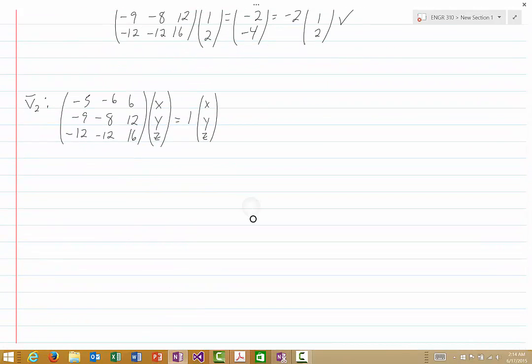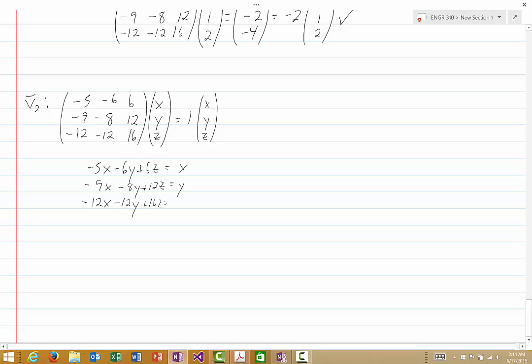And so this gives us minus 5x minus 6y plus 6z is equal to x, minus 9x minus 8y plus 12z equals y, and minus 12x minus 12y plus 16z equals z.